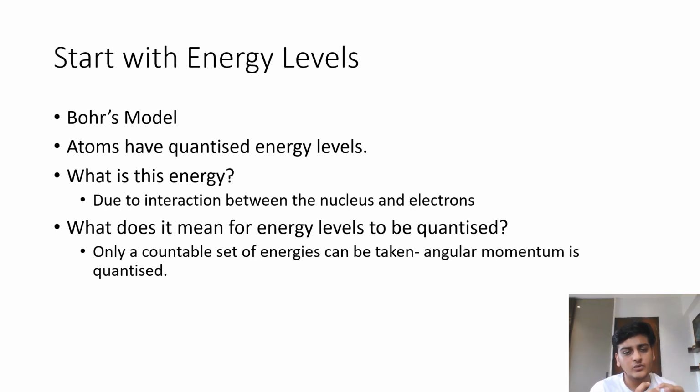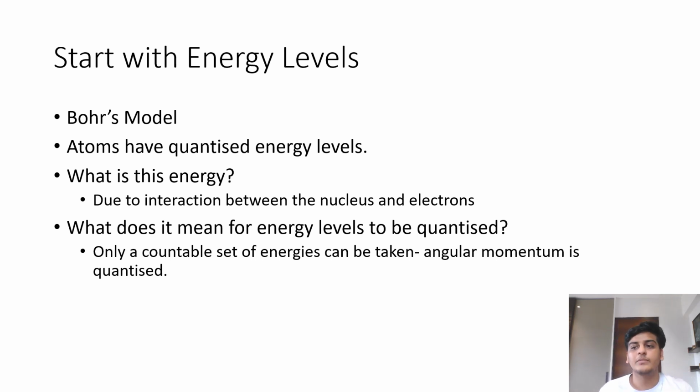Before we get into what exactly this quantized energy level means, let's first understand what this energy actually measures. The energy actually measures the interaction between the nucleus and the electrons. So the energy due to that interaction is what we are measuring when we talk about the energy level.